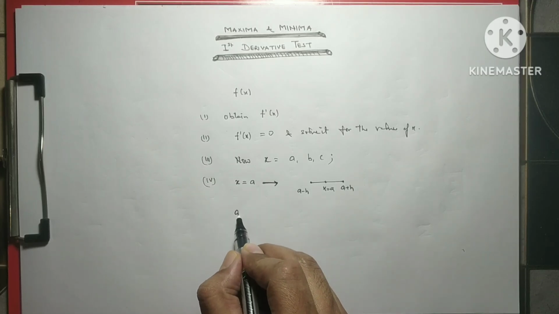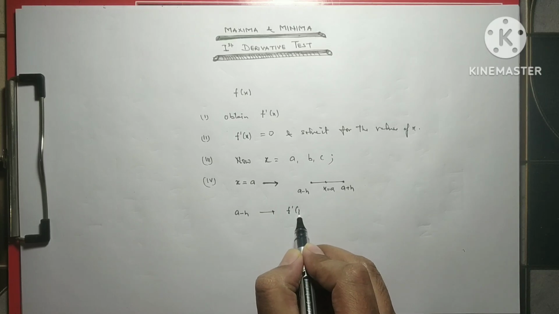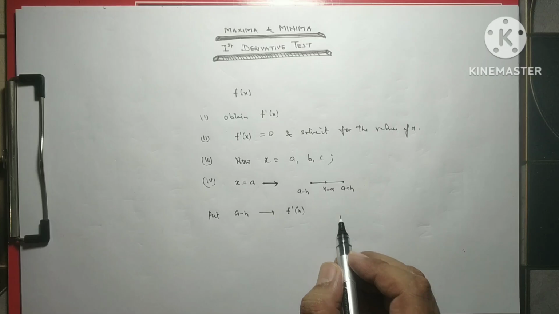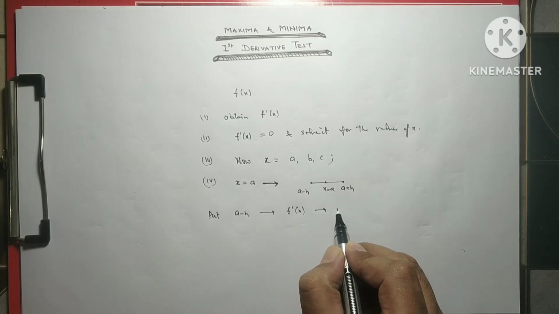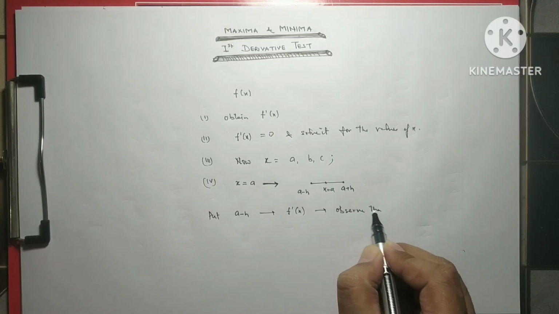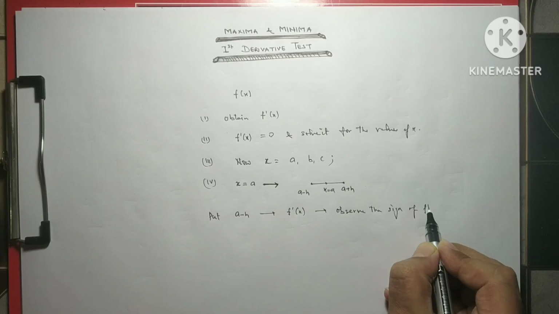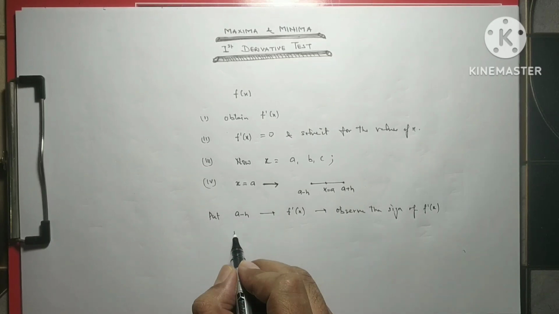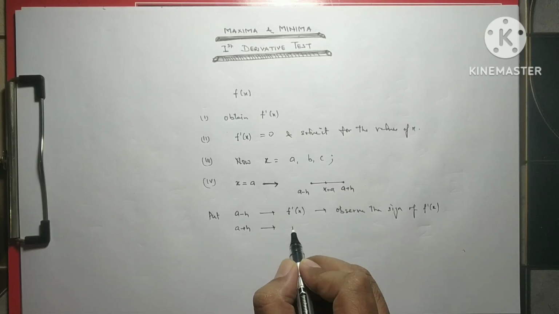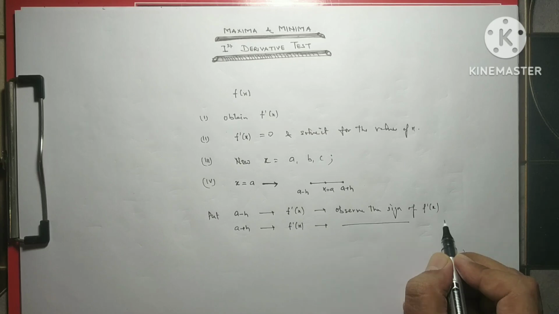First we put a minus h in f dash x and observe the sign of f dash x. Now put a plus h in f dash x. Again we check the sign of f dash x.